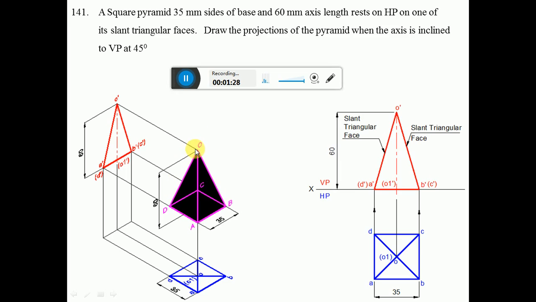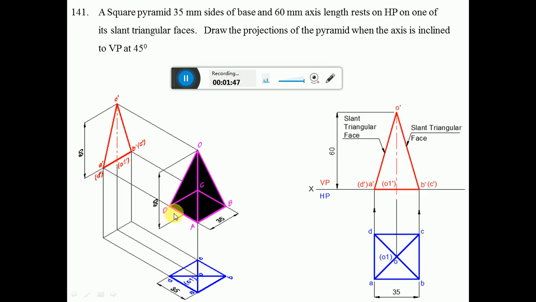If OAD has to be perpendicular to VP, then naturally AD has to be perpendicular to VP. That is very simple. So by using this concept, we place the square pyramid in such a manner that AD is perpendicular to VP.